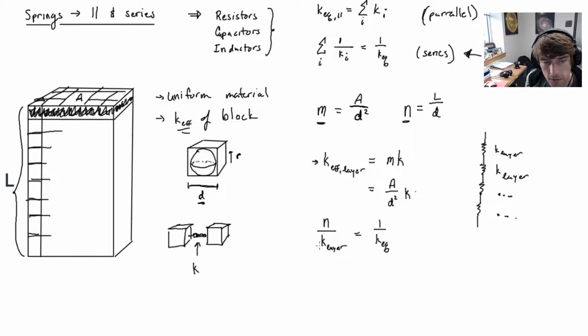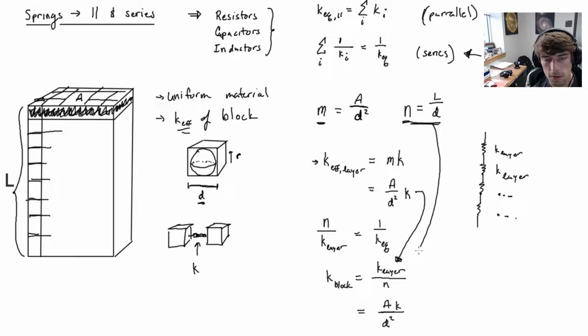Now let's flip these two equations. We have K of the entire block is equal to the spring constant of a layer divided by n. And then we'll take this equation and substitute in for the layer. So we get the area over d squared times the interatomic spring constant K. And we also have an expression for n right up here, which we'll also substitute in. It's like magic.